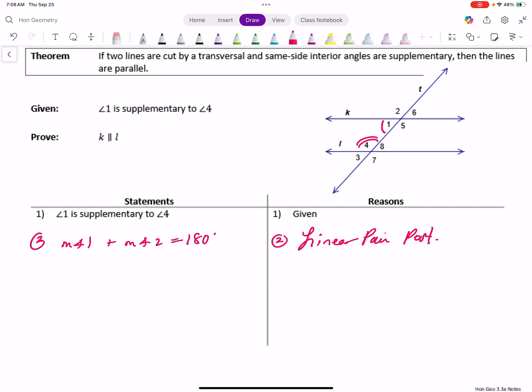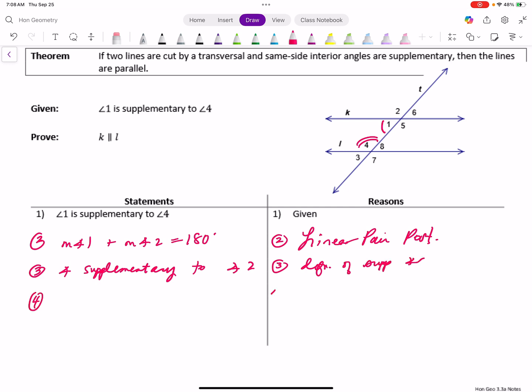And I'm going to use one of those theorems that maybe we don't do as much as we should. So that makes angle 1 supplementary to angle 2, because that's the definition of supplementary angles.